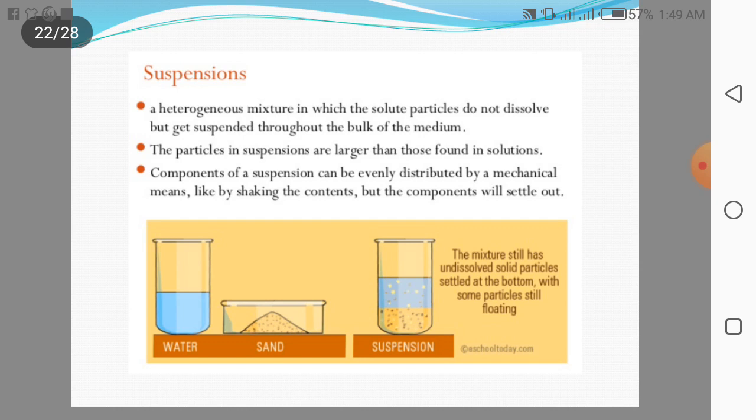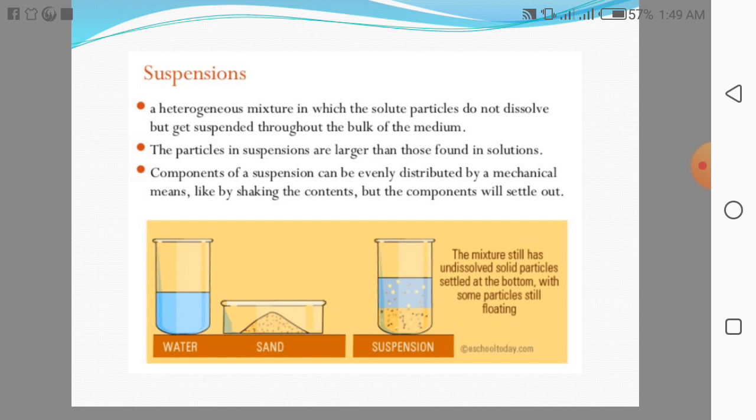Now we will discuss suspensions. A suspension is a heterogeneous mixture in which the solute particles do not dissolve but get suspended throughout the bulk of the medium. The particles in suspensions are larger than those found in solutions.